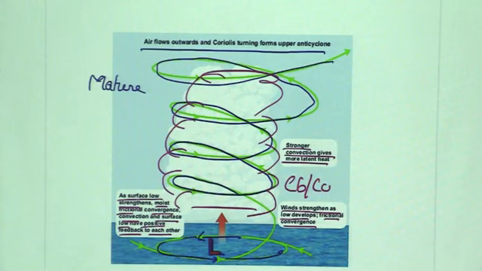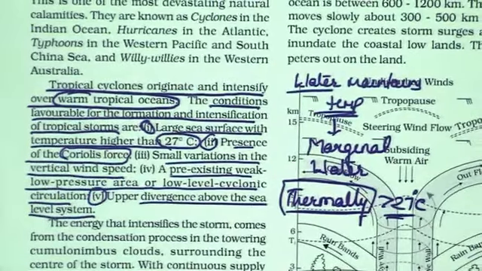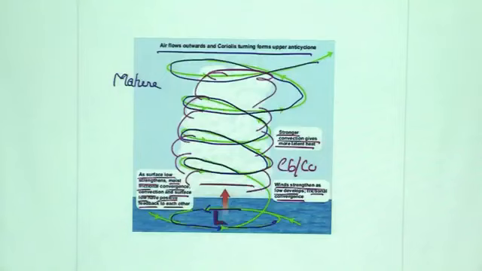I am going back to NCERT. Small variation in vertical wind speed, a pre-existing weak low pressure area and upper divergence above the sea level system. So, the developed low pressure intensifies itself due to release of latent heat.